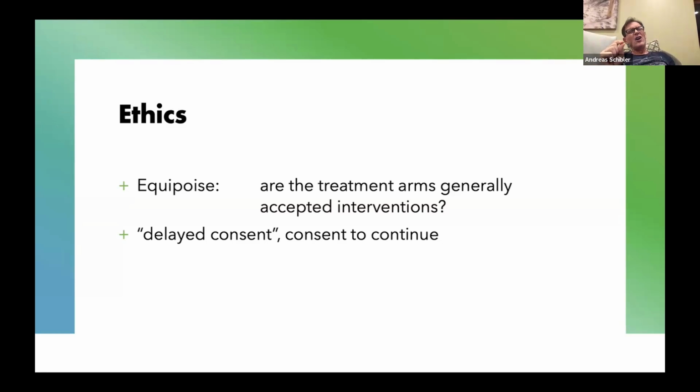They're going to say, oh, I couldn't randomize because I don't know, and then they do their own things. So you need to really discuss whether both interventions are accepted amongst your clinicians as equal.